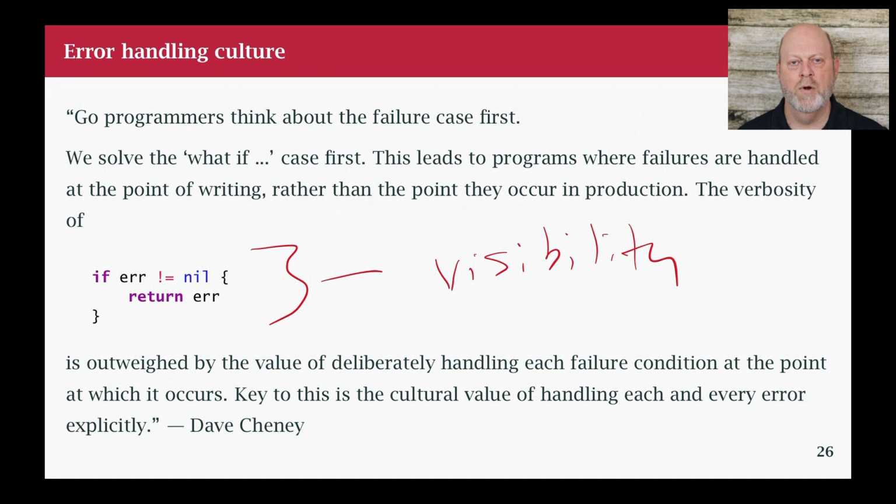The logic in the program is explicit. It may be verbose, but it's explicit. It's right there in front of you. What are the control paths? What happens in an error? You'll see it when you look at the code and when you do a code review, right? As opposed to having it magically happen behind the scenes, right? So this notion of making the errors visible and handling them is why Go takes this approach and not the approach of exception handling.